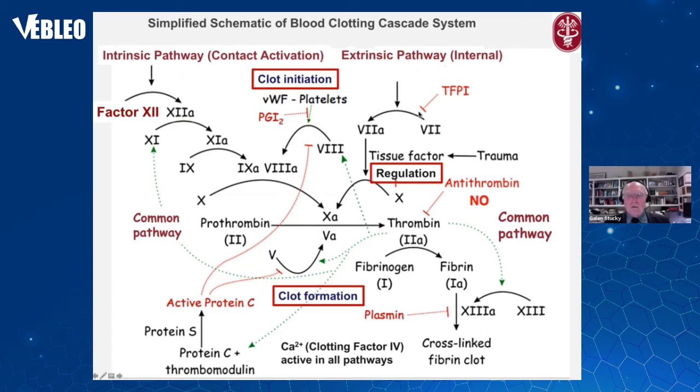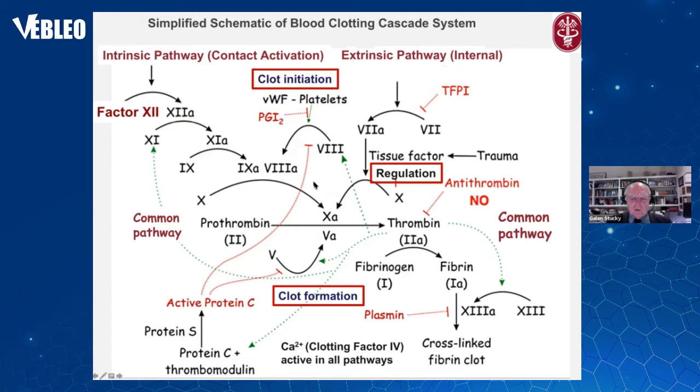They involve activation and different factors in the blood clotting cascade. There's the tissue factor, factor 7. For example, in the internal and the external, the important one is factor 12. The one commonly used for normal bleeding situations is really the extrinsic pathway. So that's the clot initiation.